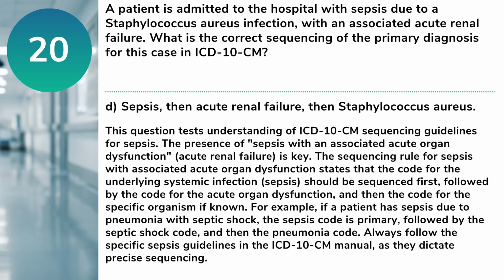The sequencing rule for sepsis with associated acute organ dysfunction states that the code for the underlying systemic infection, sepsis, should be sequenced first, followed by the code for the acute organ dysfunction, and then the code for the specific organism if known. For example, if a patient has sepsis due to pneumonia with septic shock, the sepsis code is primary, followed by the septic shock code, and then the pneumonia code. Always follow the specific sepsis guidelines in the ICD-10-CM manual, as they dictate precise sequencing.